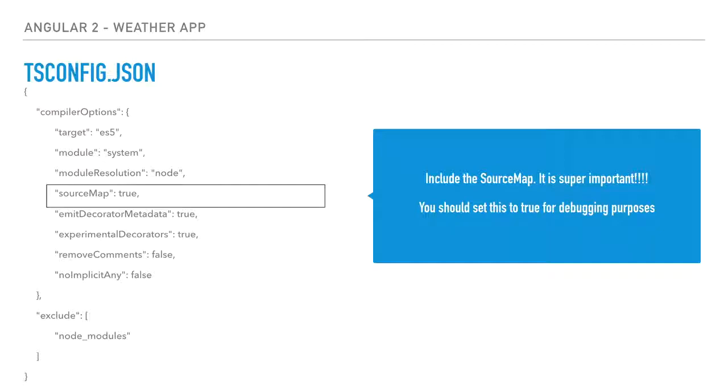So we put this property to true. Why? Because this property will allow us to link in the browser the TypeScript original file to the JavaScript. So instead of debugging in the transpiled file, you should debug in the original source file, that is TypeScript.